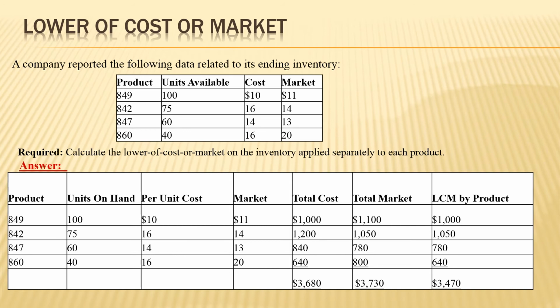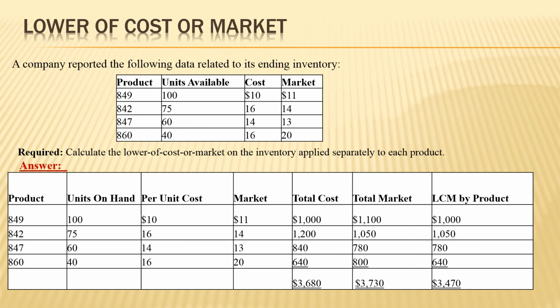So let's see this exercise. A company reported the following data related to its ending inventory, and here is the table given, consisting of 4 columns. The first column is for the product, the second column is units available for each product, the third column is for the cost, and the fourth one is for the market.